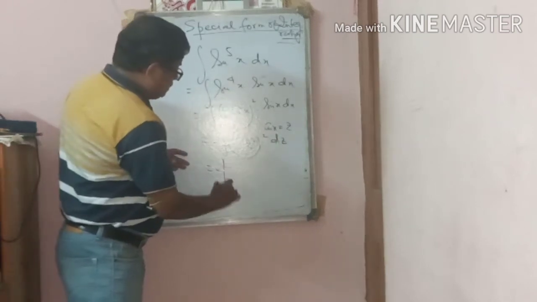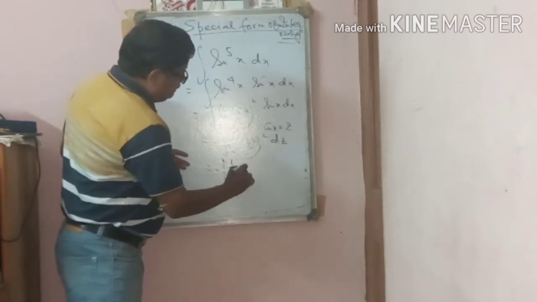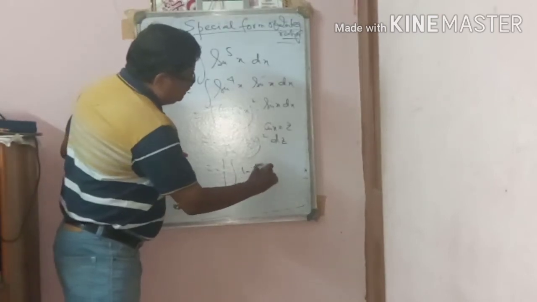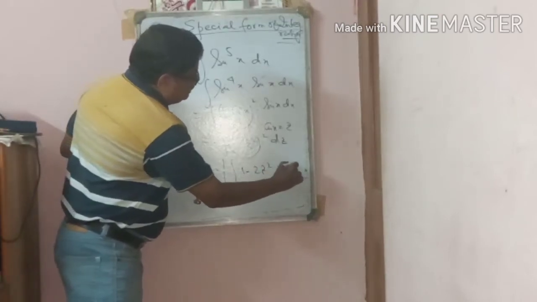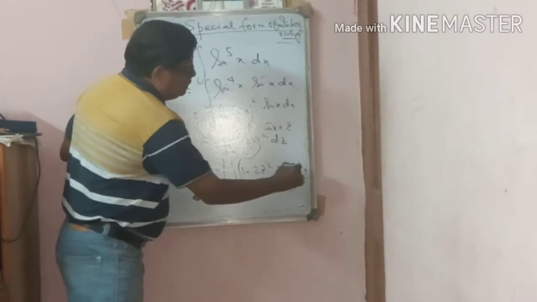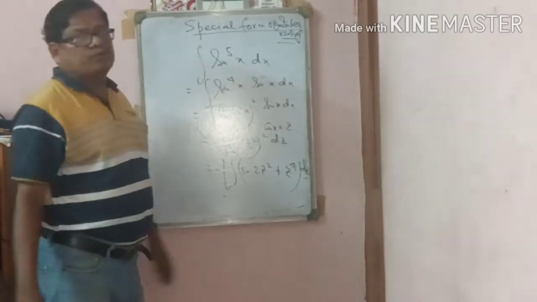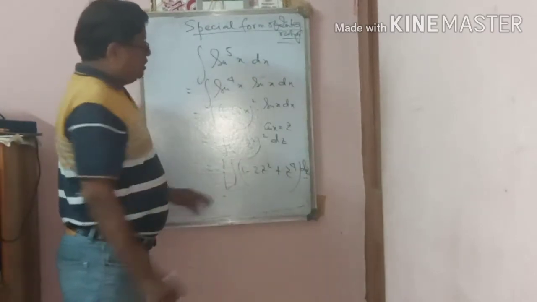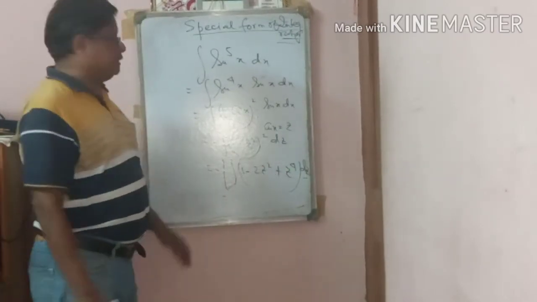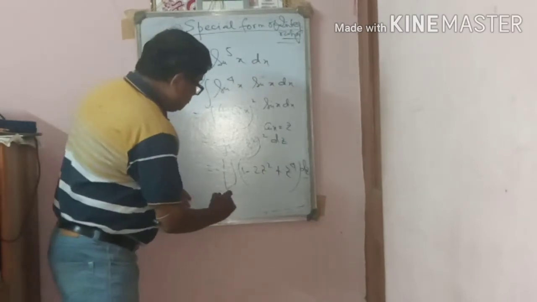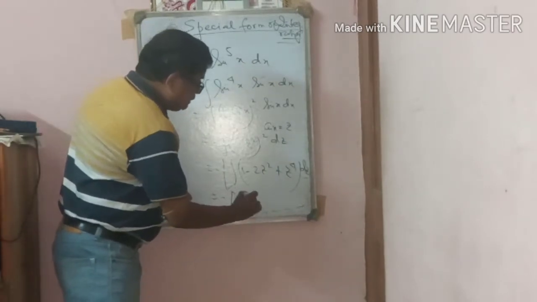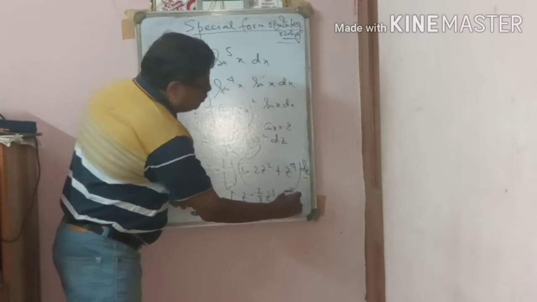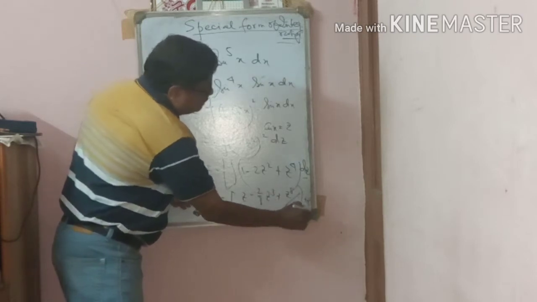So this part will be minus (1 minus 2z square plus z to the power 4) dz. So you can write minus z minus 2/3 z cube plus z to the power 5 by 5 plus constant c.